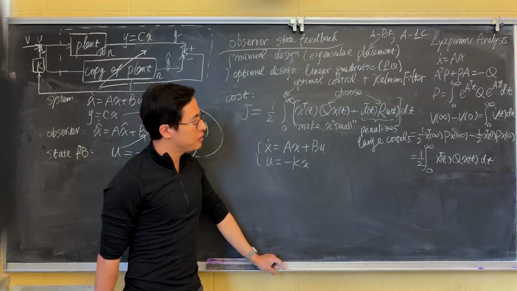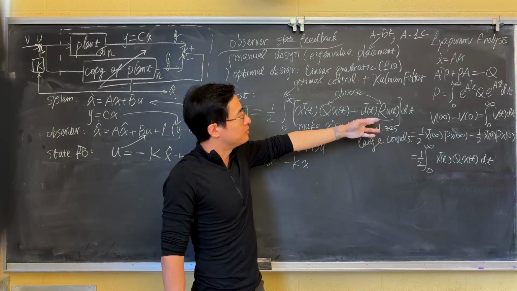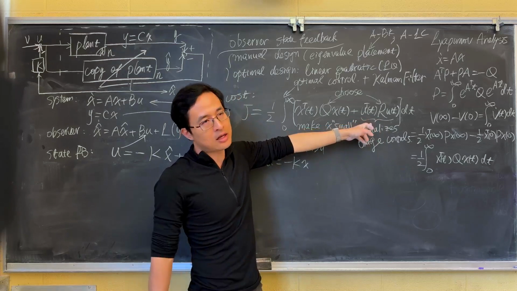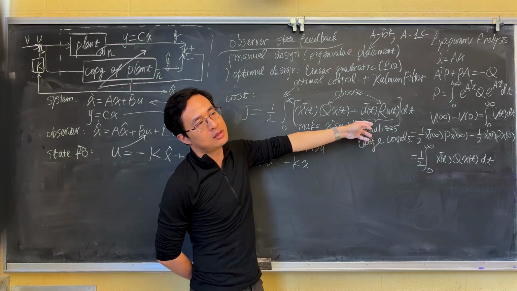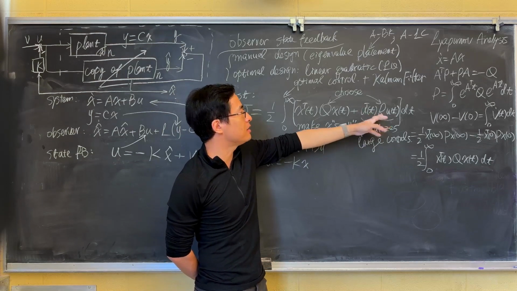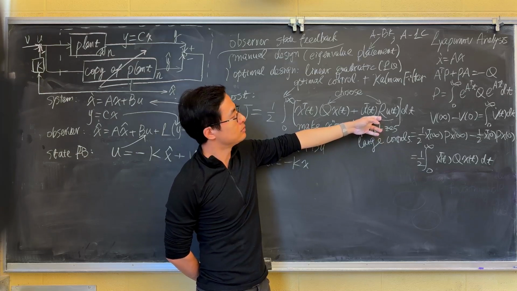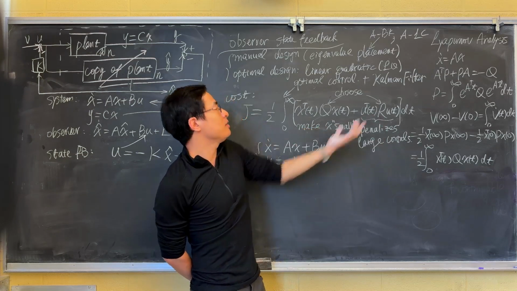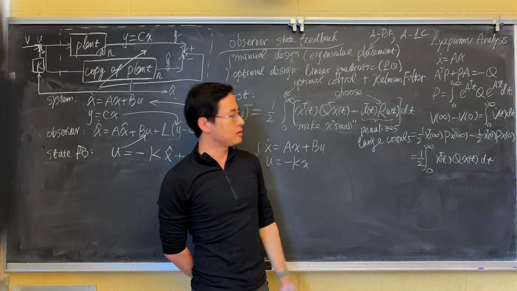Let's say your system is designed in a way that it's fine to have large control efforts. If the bandwidth of your system, the hardware, is great, you can have large control efforts, then you can make R relatively small. Or you can make R relatively large so that large control efforts are penalized.